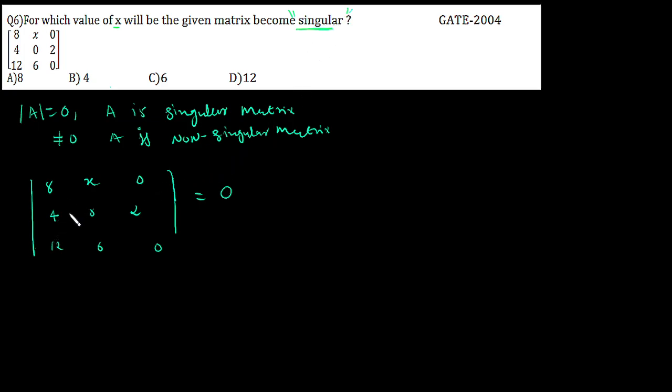Now let's find the determinant. Let's expand with respect to the first row. Here 8 is multiplied with 0, because from this second order minor I am getting 0. Now minus x multiplied with this second order minor. Let's find the determinant of this minor. Here I am getting minus 24, plus the third entry multiplied with 0, so again 0. Now we have to equate this to 0.